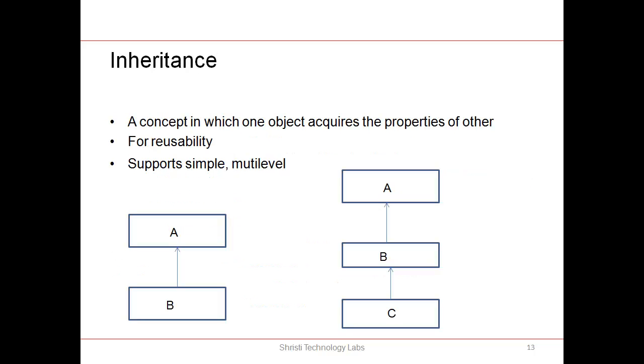Inheritance. What is the use of inheritance? Inheritance is used for reusability. Suppose I am having an employee class and I am having a manager class. The employee class has its own members. What does an employee have? An employee has name, salary, ID and department. What does a manager have?